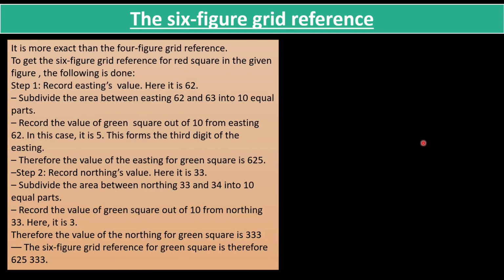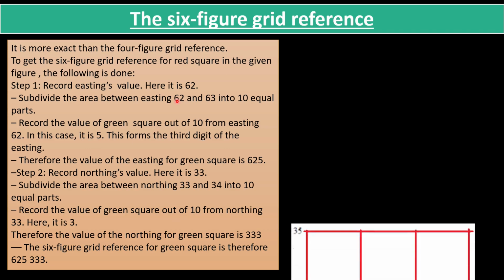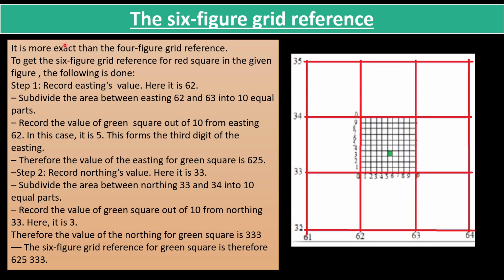6-figure grid reference. It is more exact than the 4-figure grid reference. To get the 6-figure grid reference for the green square in this area, the following is done. First, record the eastings value. Here the eastings value is 62 and 63.